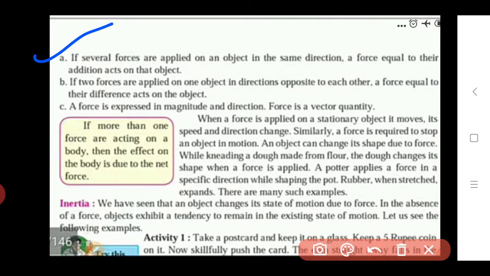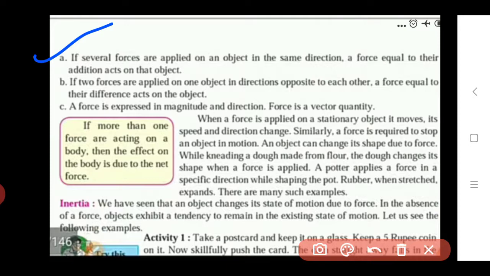In the second, B, if two forces are applied on one object in directions opposite to each other, in this case we should take the difference, meaning we subtract these opposite forces from one another. By subtracting the values of these forces we can get the resultant force acting on that object.